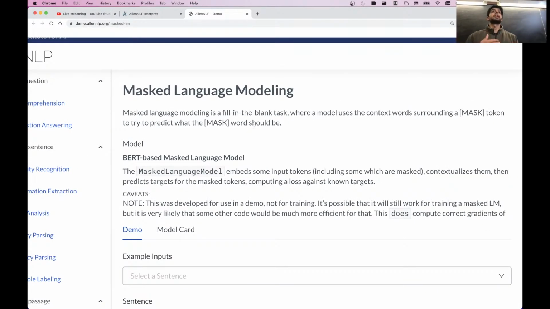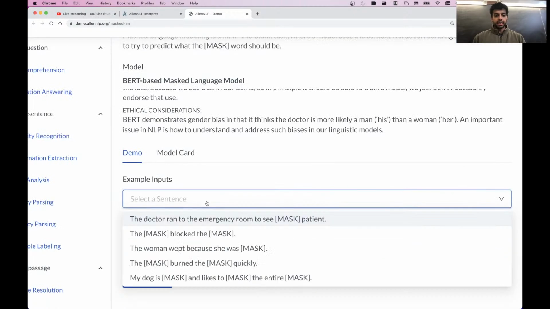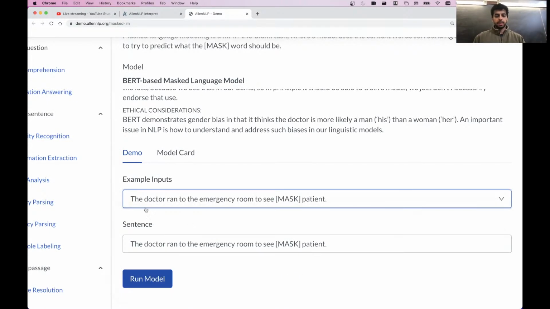You're just exploring the masked language model objective of a pre-trained BERT model. I can give it, for example, this input sentence: the doctor ran to the emergency room to see [mask] patient. And you want to get a distribution over the words that could fill in this mask token.